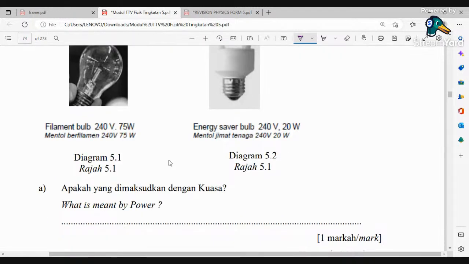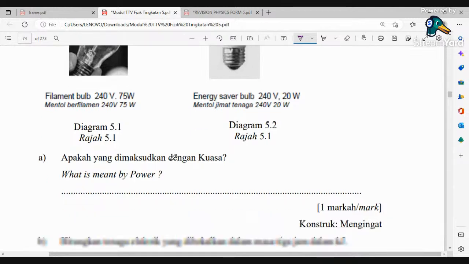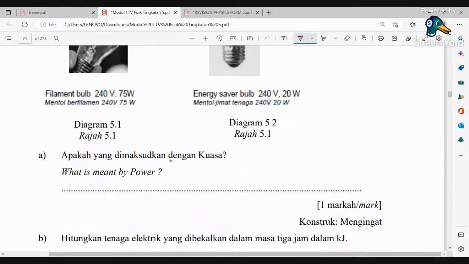What is meant by power? Energy consumed in 1 second. Okay, joule per second. Okay, kita boleh tulis juga power is rate of work done, rate of energy transferred.